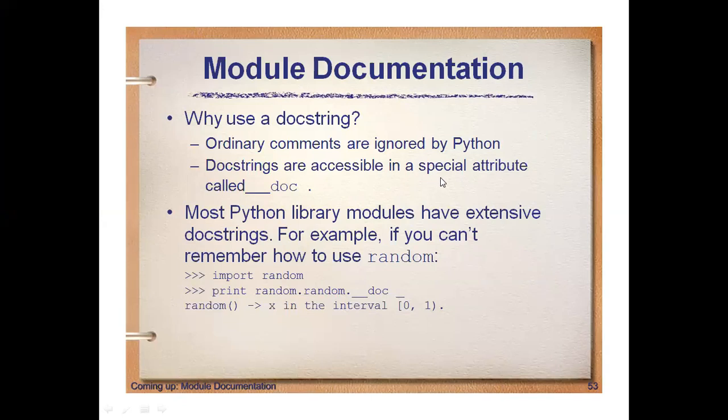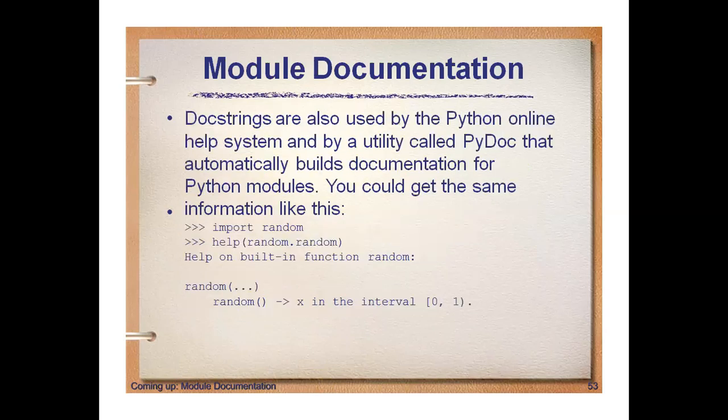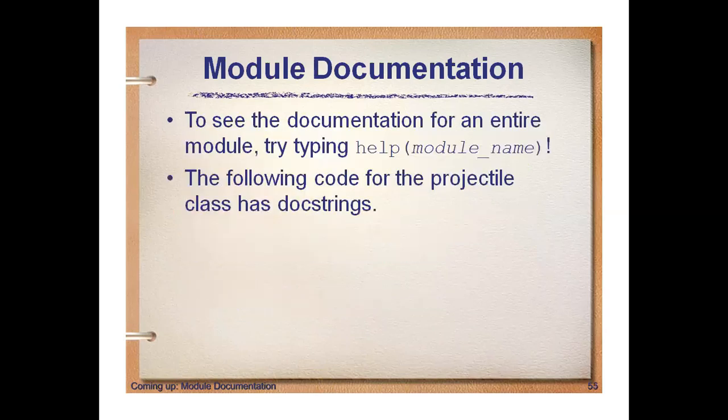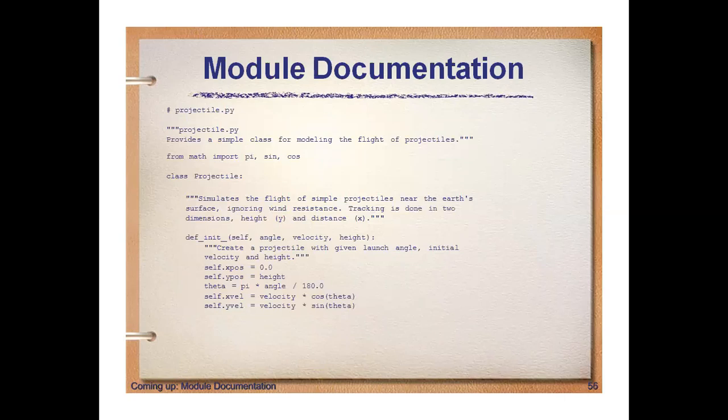Docstrings are accessible in a special attribute called __doc__. Most Python libraries have extensive docstrings. For example, if you can't remember how to use random, you simply look at its docstring. It will let you know how this particular module works, right? So this is what the documentation of Python is.